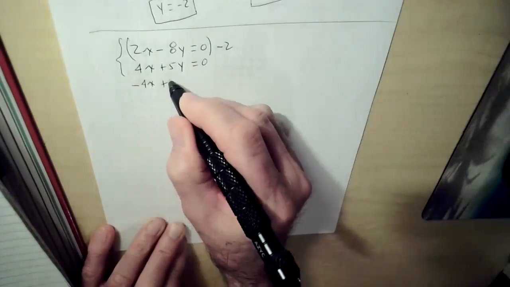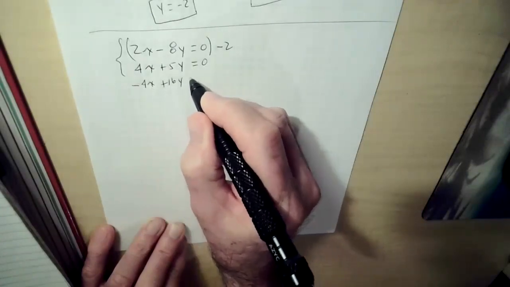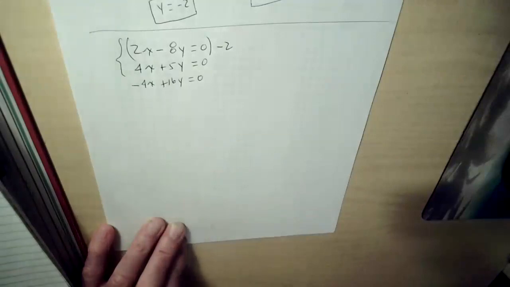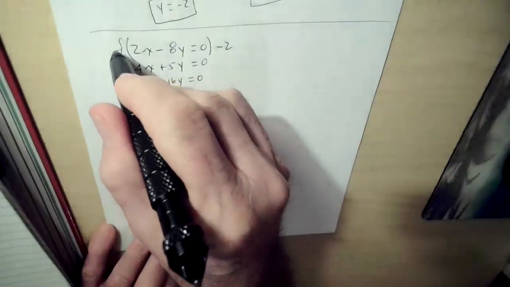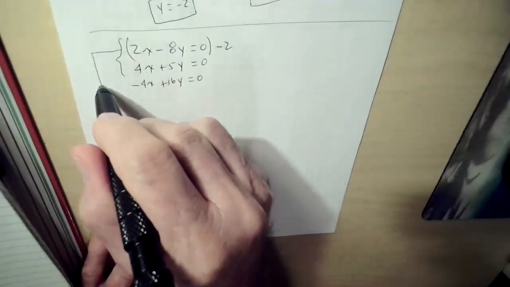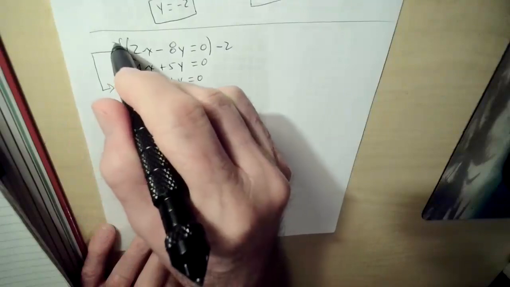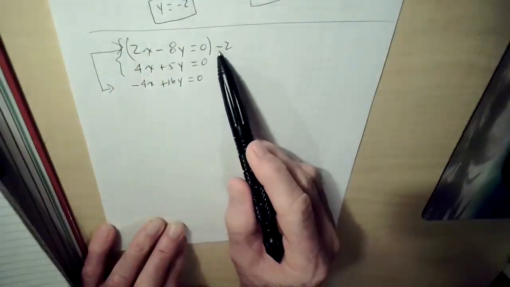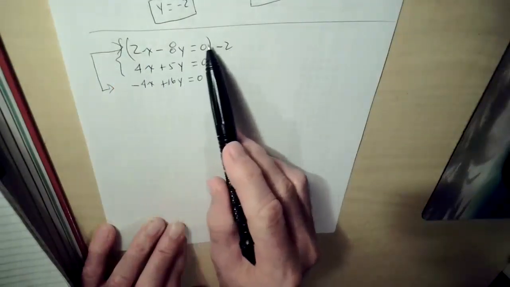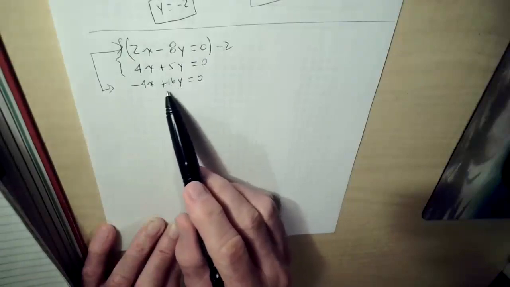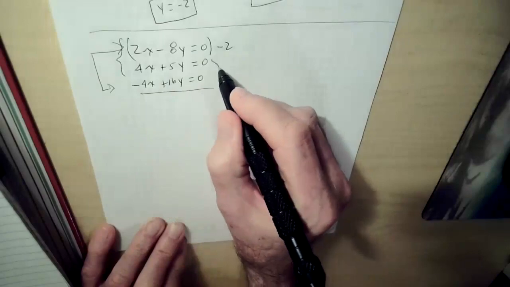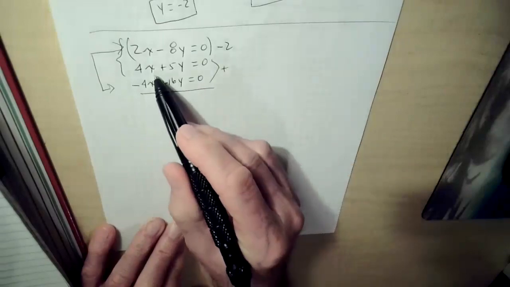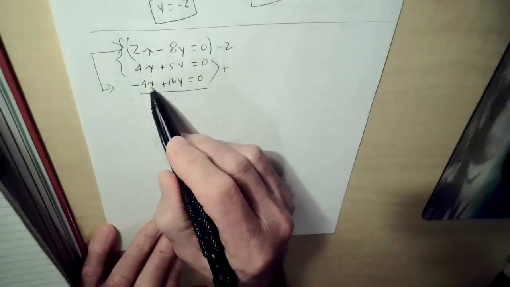Multiply everything by negative 2, and we get negative 4x plus 16y equals 0. And remember, that equation and that equation are the same. As we multiply everything by negative 2, it doesn't change the value, it just changes the look. We're going to add these two together.